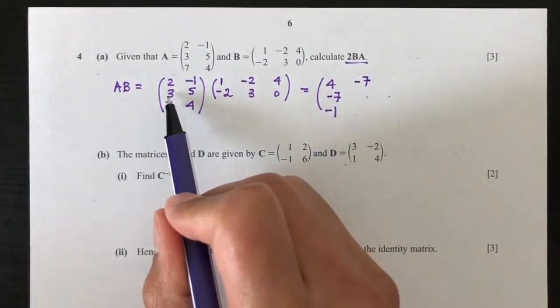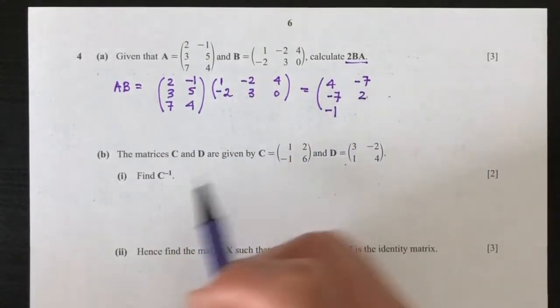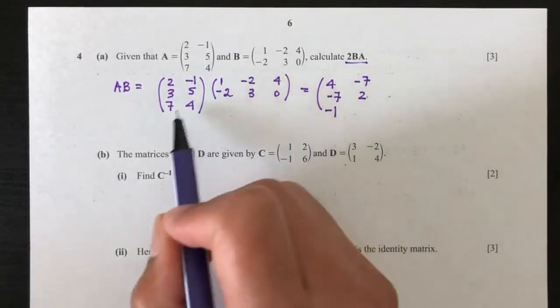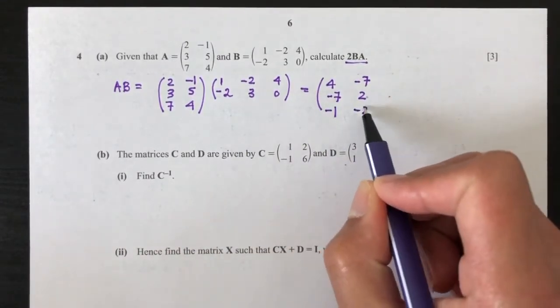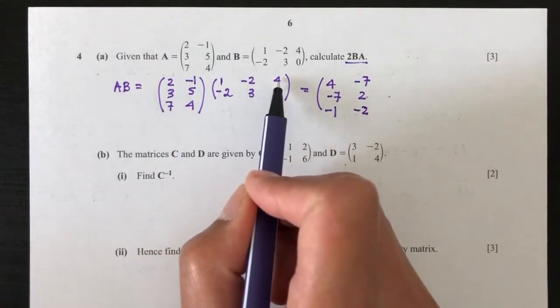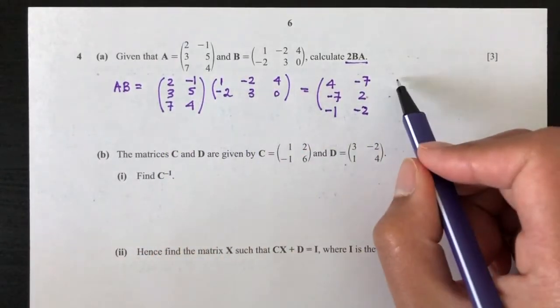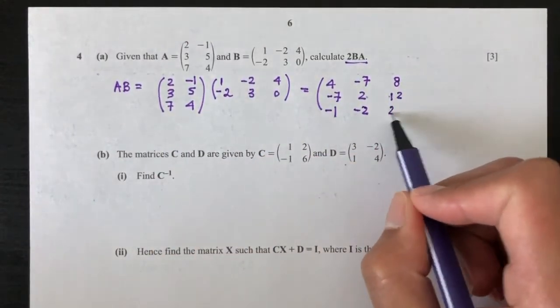Then 3 times this will be minus 6 plus 8, that will be 2, minus 14 plus 12, that should be minus 2. And for the last one, 2 times 4 is 8 plus 0, that is 8. That should be 12. And that should be 28.